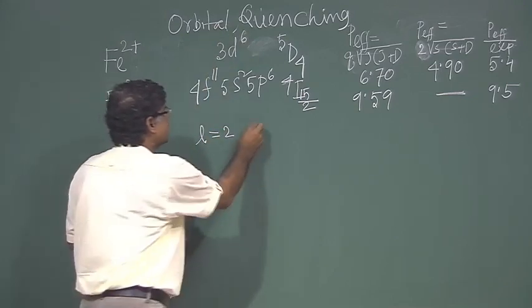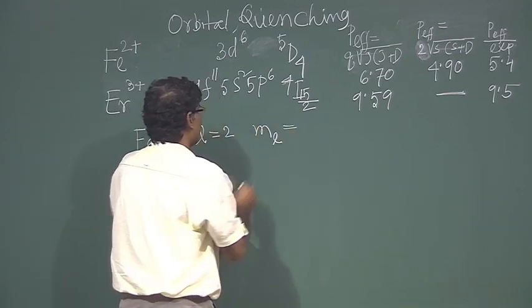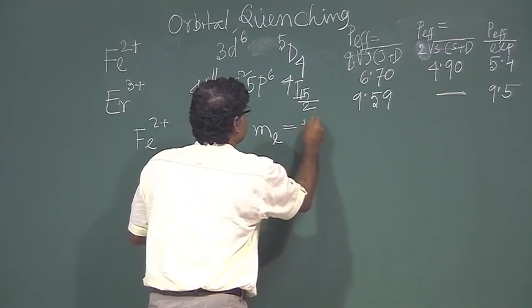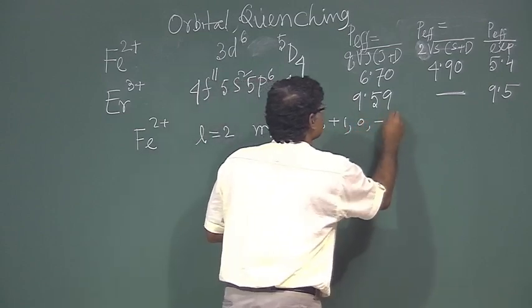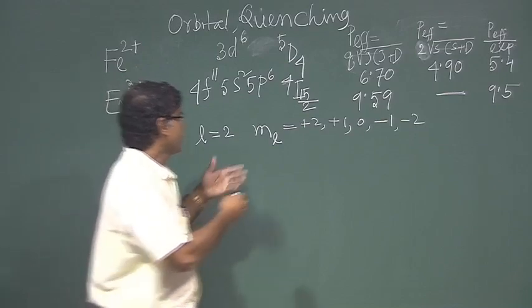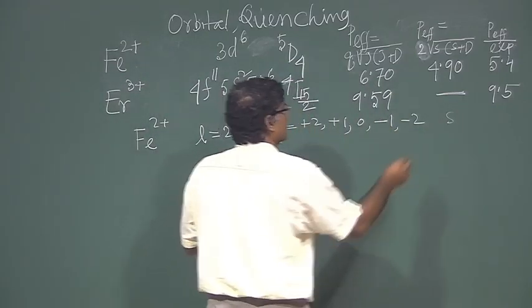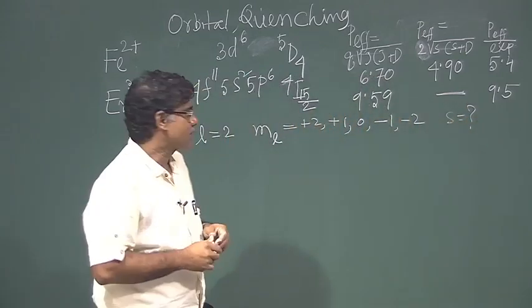So, it has ml equal to +2, +1, 0, -1, -2, right. And then the corresponding S, what will be the S value? That one has to find out.